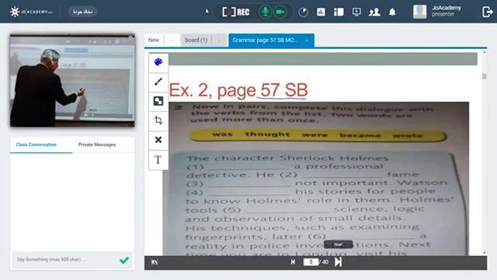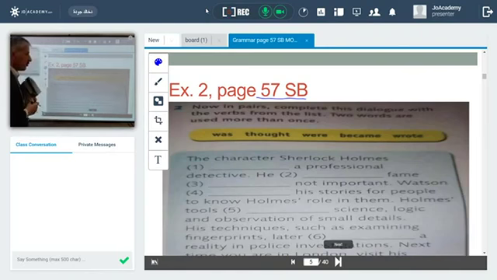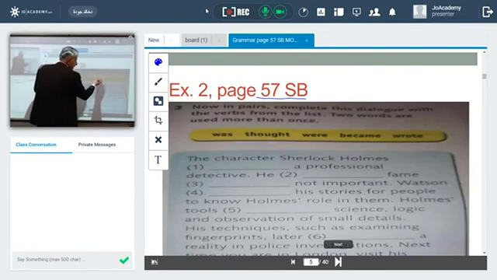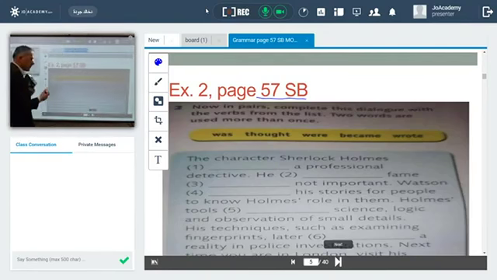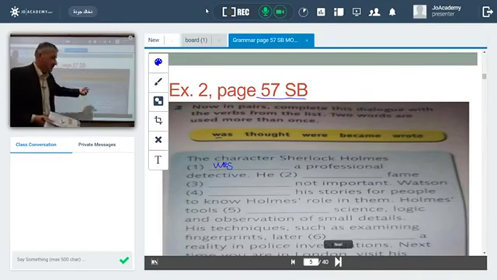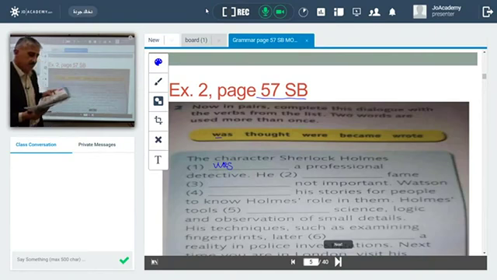Blank a professional detective. So what do you think we need to put? We need to put was or thought or were, became or wrote. What do you think the right verb? The character Sherlock Holmes? Yeah, we need to put was. Okay? We need to put was. Why? Because we are talking about one person. The person is Sherlock Holmes.